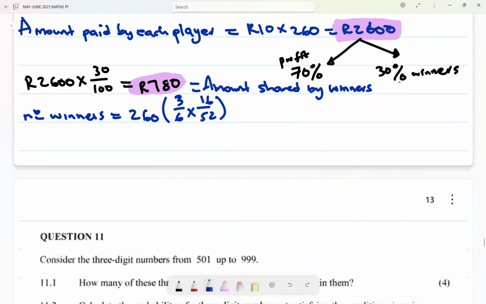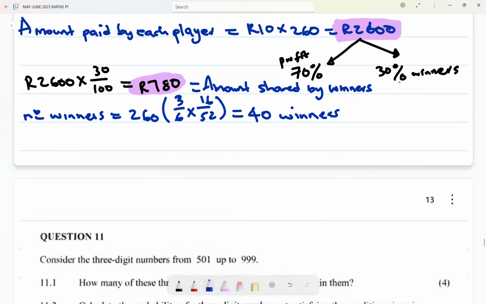So the number of winners is 260 multiplied by 3 divided by 6 multiplied by 16 divided by 52. I get 40. So exactly 40 winners.